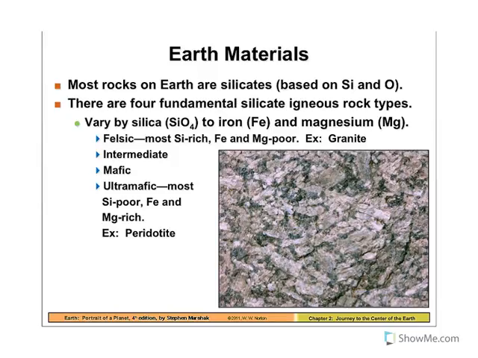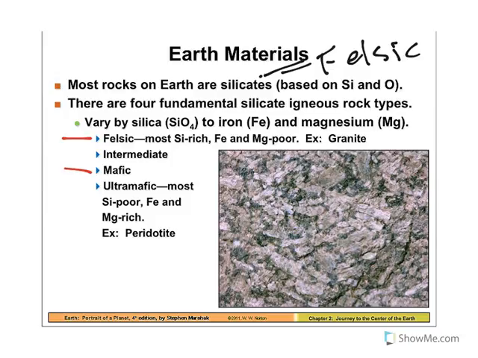Now, as I mentioned right before, most of the rocks on the earth are made up of silica and oxygen. We're going to call that felsic, but your book also calls that silicates. So silicates is the same thing as felsic. Like I said, there's two main types here that you can see: felsic and mafic.